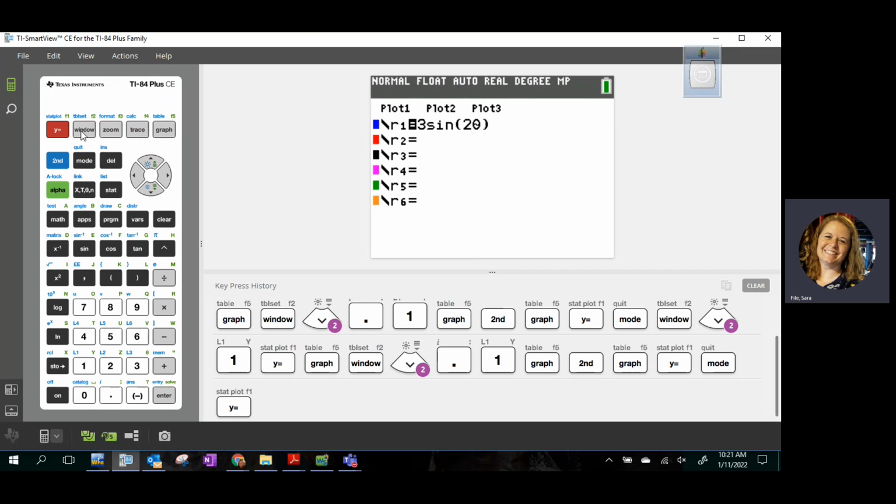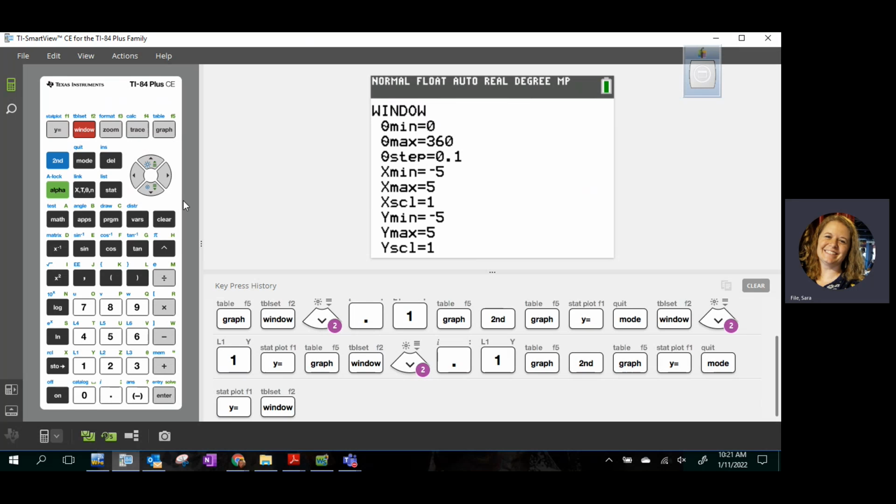Now you want your window settings on your graph. Typically they'll be 0 to 360 for the degrees, and then by 1. That means that the calculator is going to plot a point every 1 degree. So it's actually plotting 360 points to draw the curve.